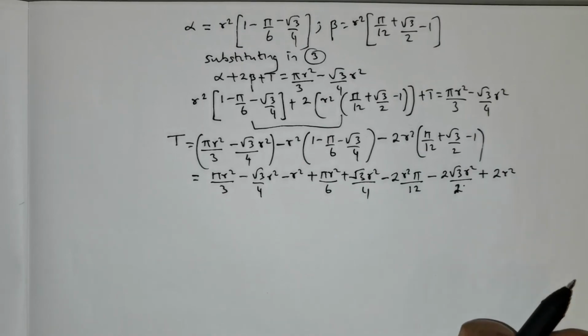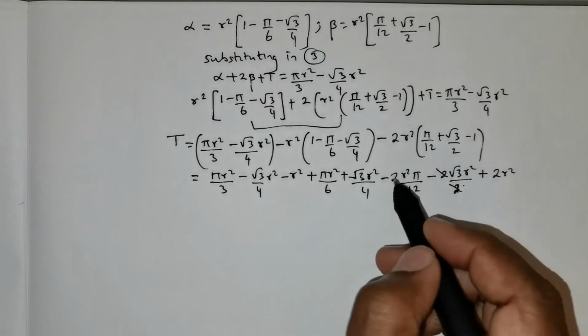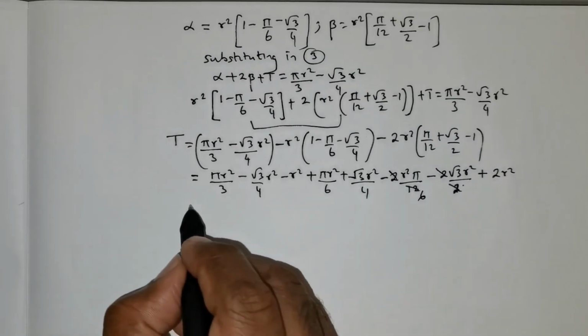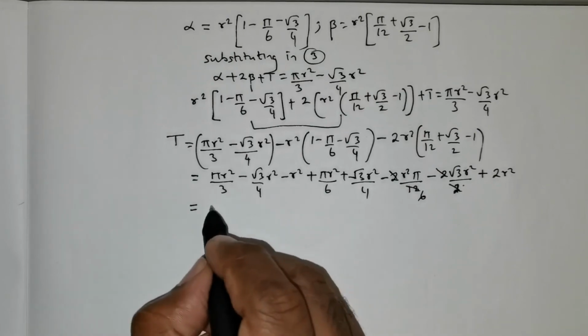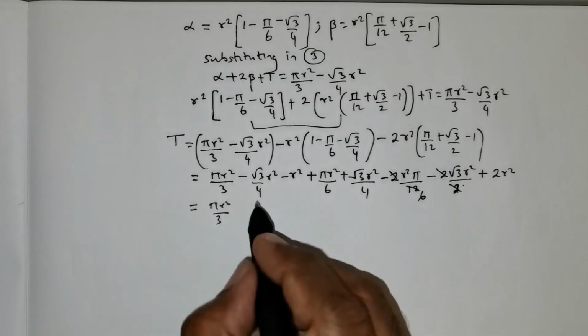Now clearly we can do further simplification, cancelling the 2 here. Now 2 divides 12 6 times, and that's it. So rewriting, we now have pi r squared over 3.